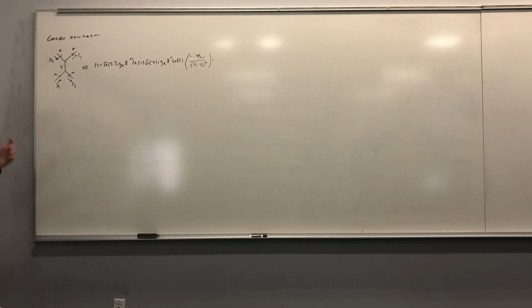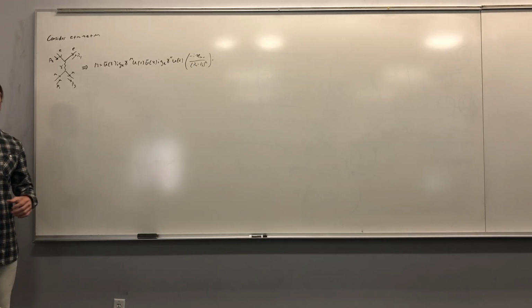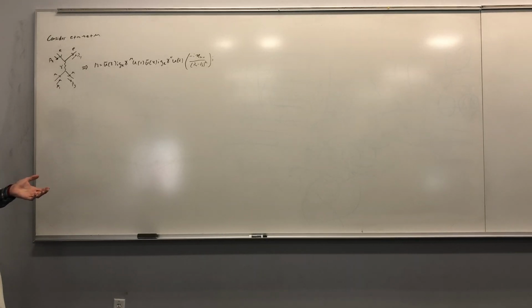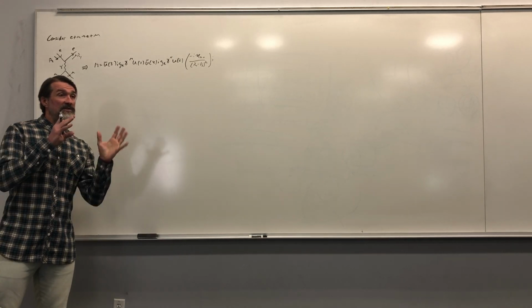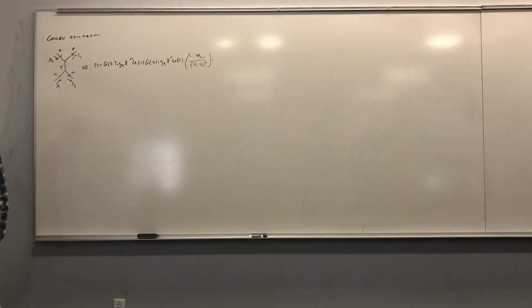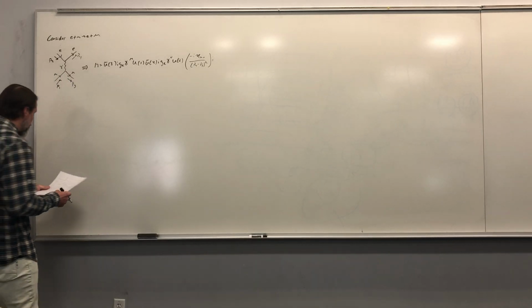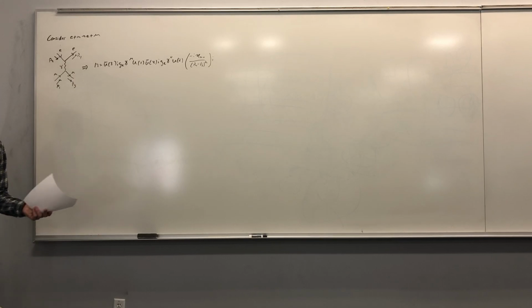We don't actually prepare the polarization of the incoming beam, so you want to average over the polarizations of what's coming in. And when you measure what's coming out, you don't measure the polarization, so you just want to sum over all the polarizations coming out. So this is going to be a very important step in this process, handling these polarizations.